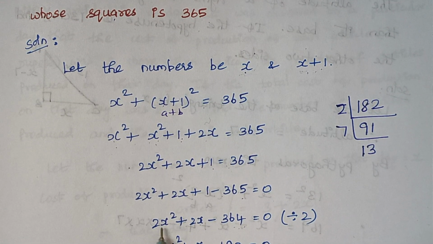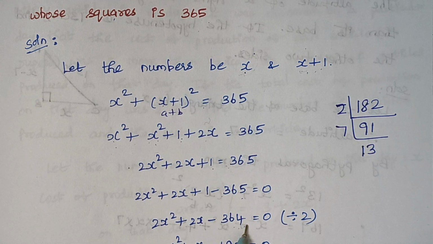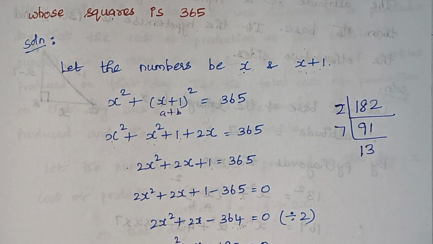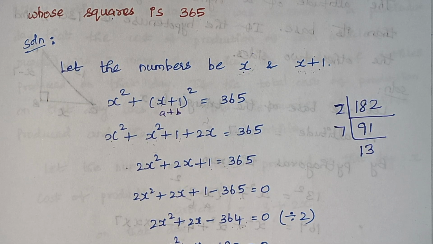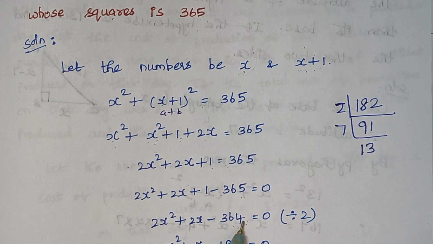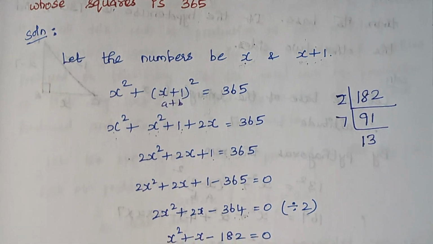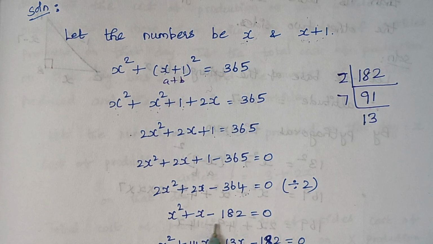Now you see we have a quadratic equation in which we can divide all the numbers by 2. If it is possible, then do it then and there so that you can solve the problem easily. If the number gets bigger, then the procedure is also a little bit big. So I am dividing this entire equation by 2. So the answer is x square plus x minus 182 is equal to 0.